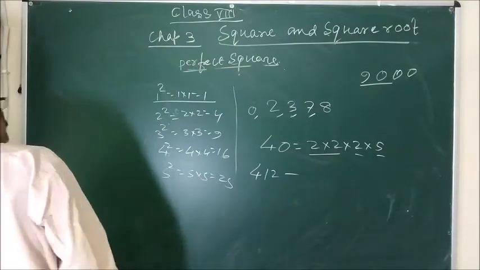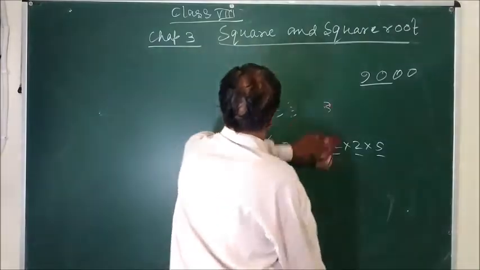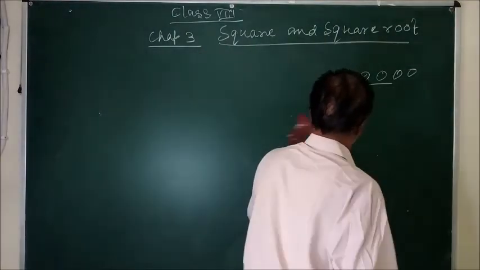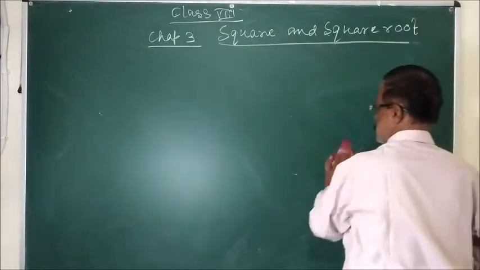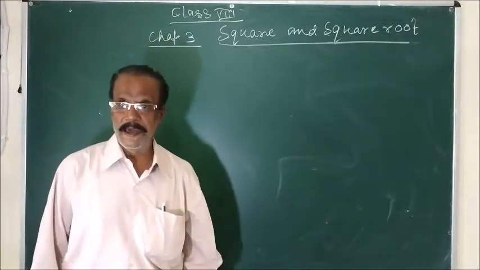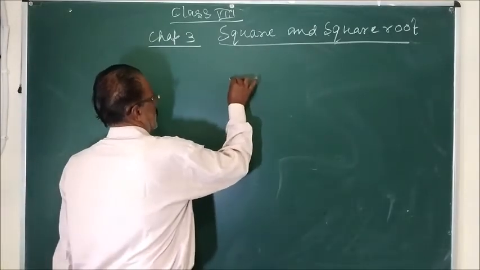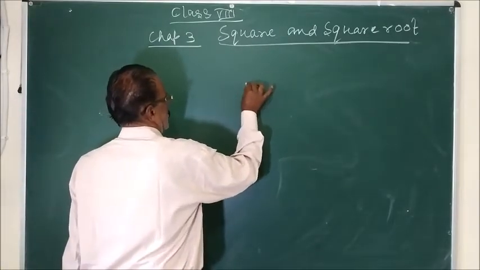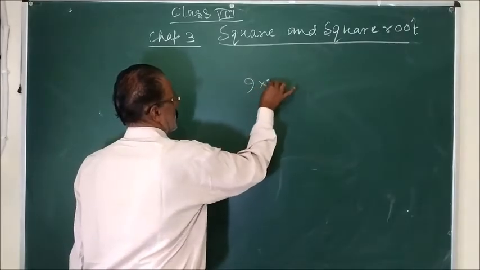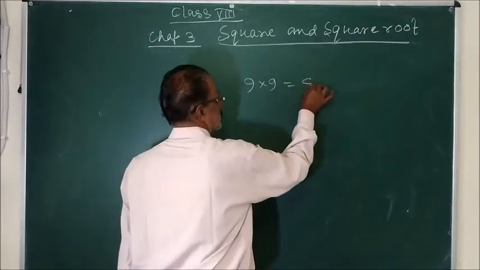So this is square and perfect square. Some points I have explained in case of a square, and I repeat once again. Suppose 9 is a number, and if you multiply 9 by 9, you will get 81.